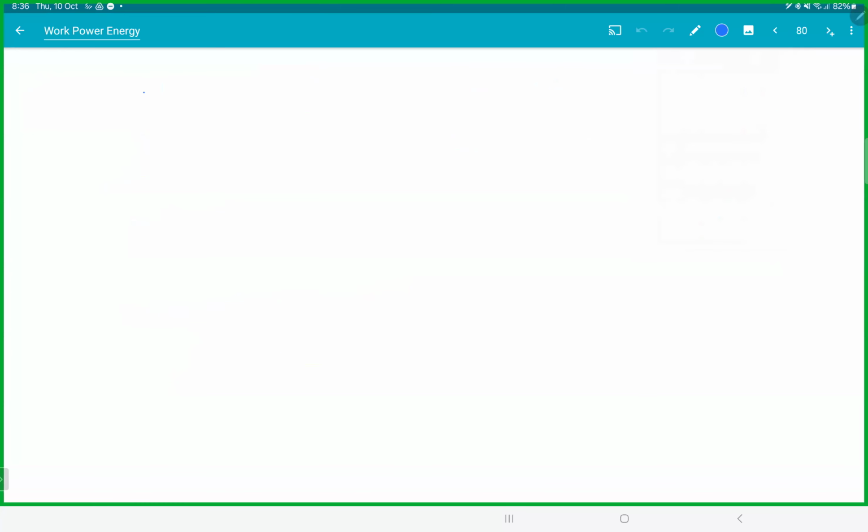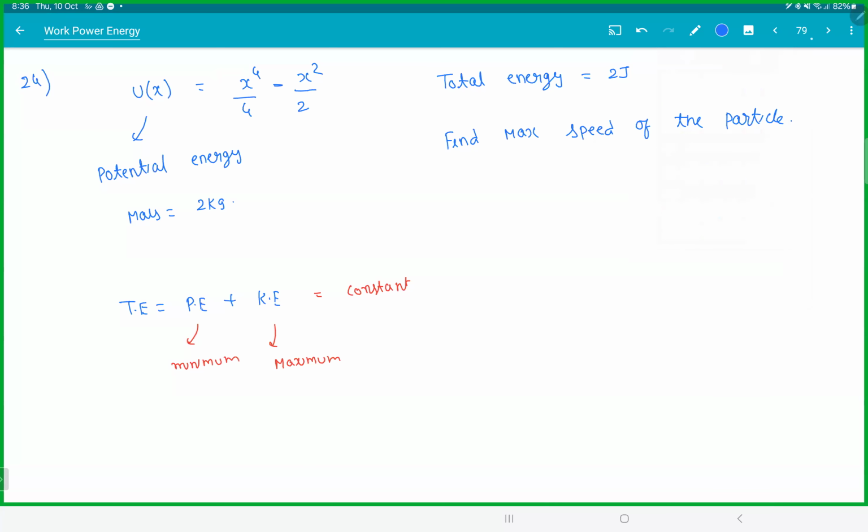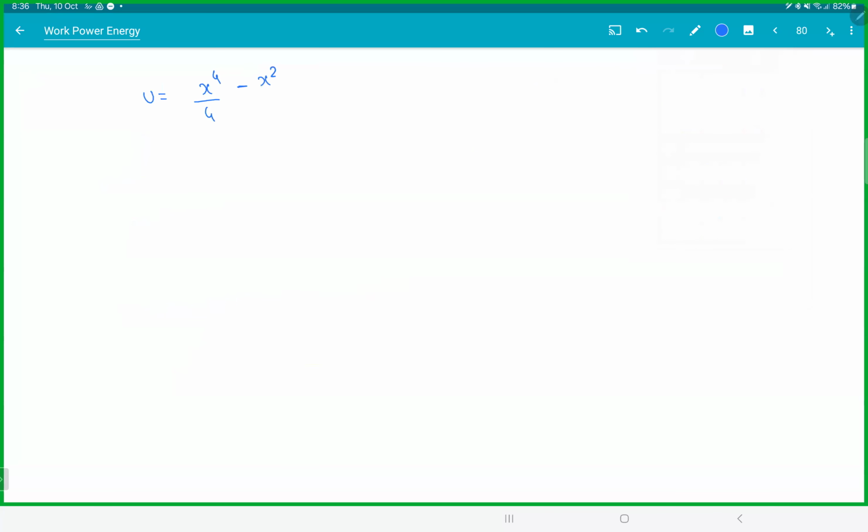So function u is x power 4 by 4 minus x squared by 2. How do you find the minimum value of a function, maxima or minima? Differentiate. du by dx is x cube minus x equal to 0. Then we get x is equal to plus or minus 1.